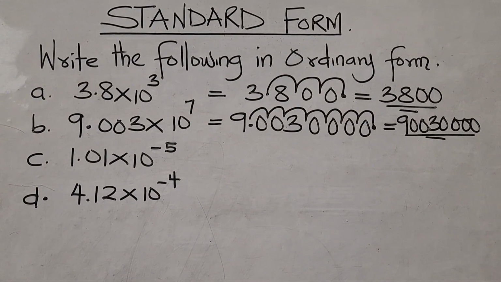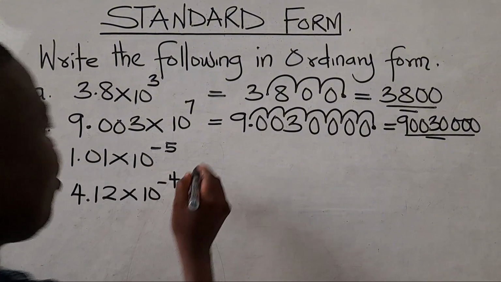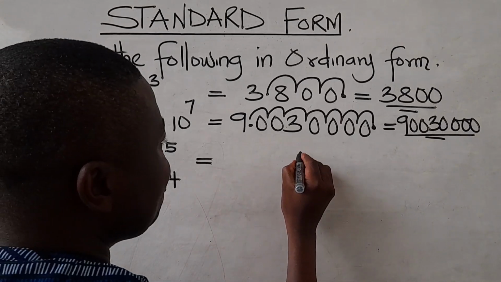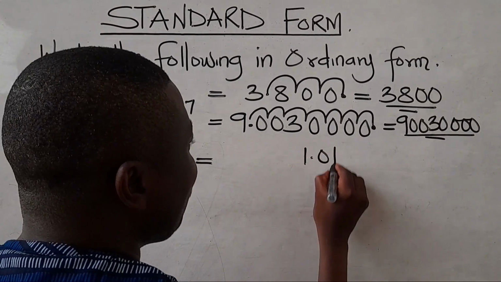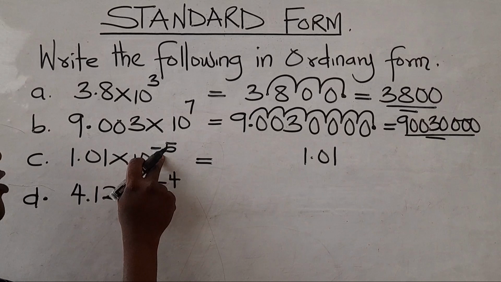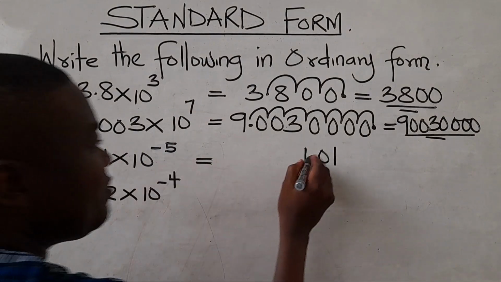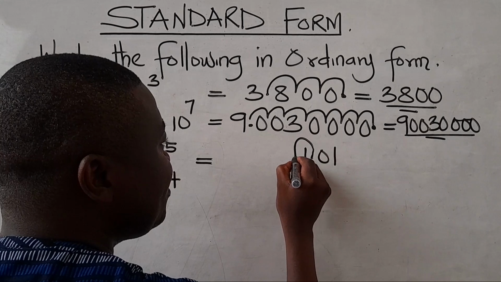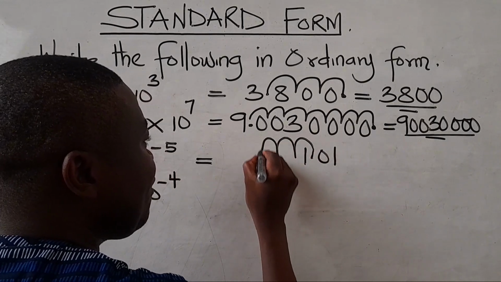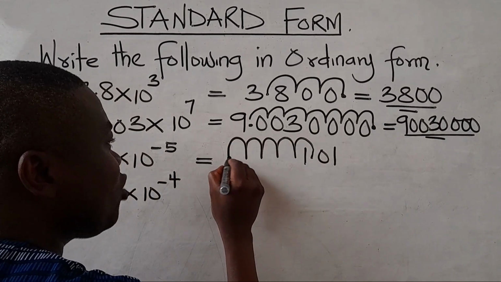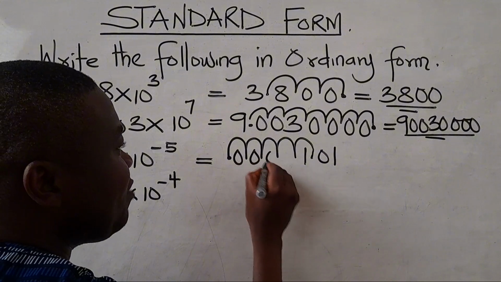Okay, the next one. Now, this is a small number. Remember why? Because we're going to the left. So you have this. Let me shift to this point. 1.01. So we're taking the point to the negative side, the left hand side, 5 times. Let's go. 1, 2, 3, 4, 5. It stops here. So all this, you fill them up.